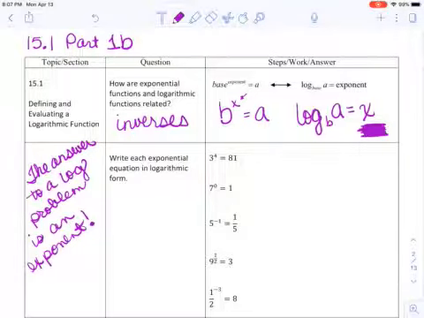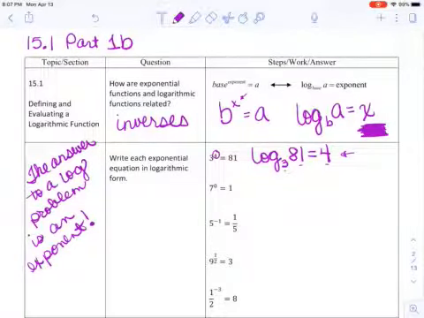So if I'm rewriting this, where's my exponent? It's 4. So this is going to be log, what's my base? 3 of 81 equals 4. 3 to the 4th power is 81. So my answer here, that's an exponent.